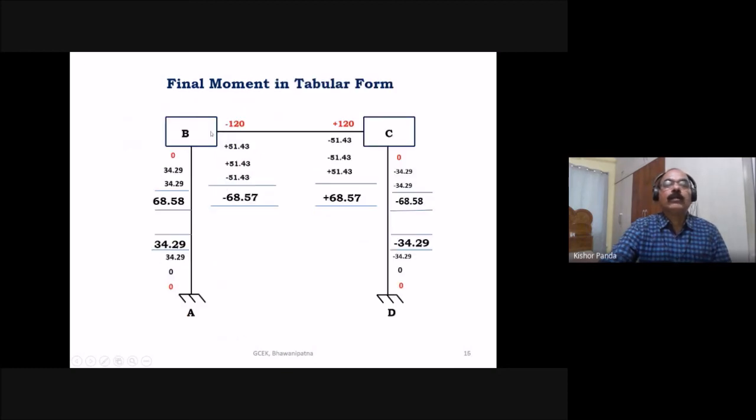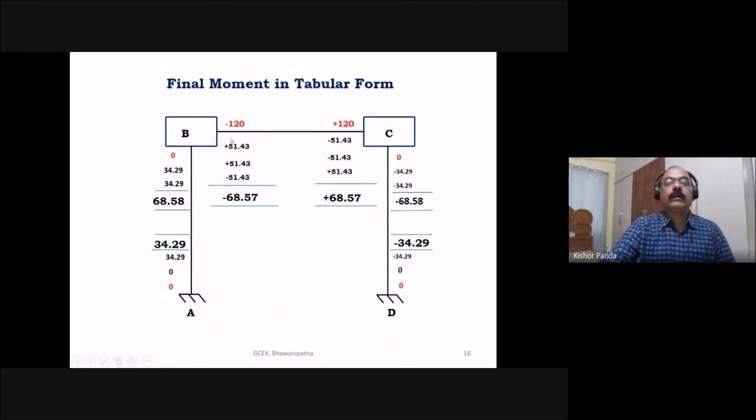You can also find these using a tabular form. Here this is the fixed end moment, this is the near end rotation moment, and this is the far end rotation moment, and you take the summation of these three: 34.29. Similarly here, the fixed end moment, the near end rotation moment, and the far end rotation moment 0, giving 68.58.